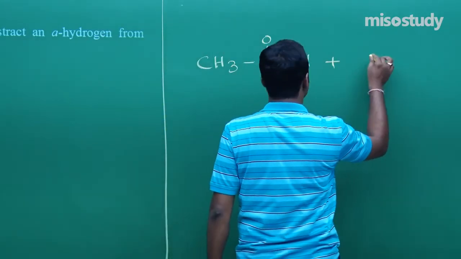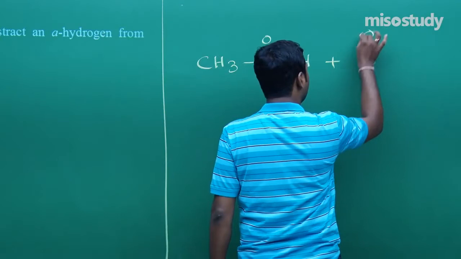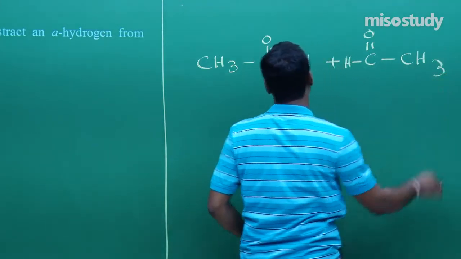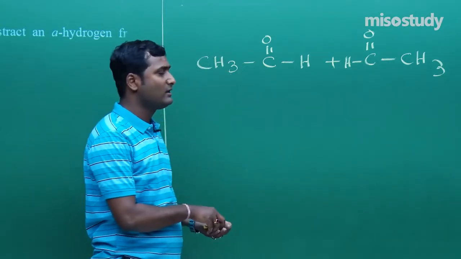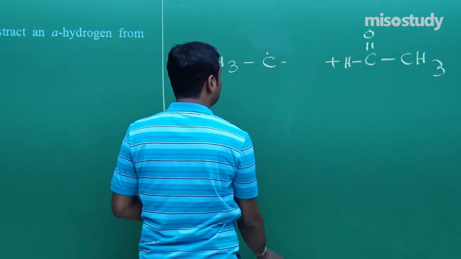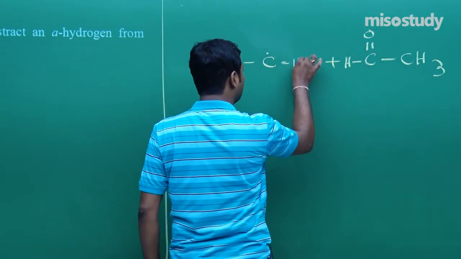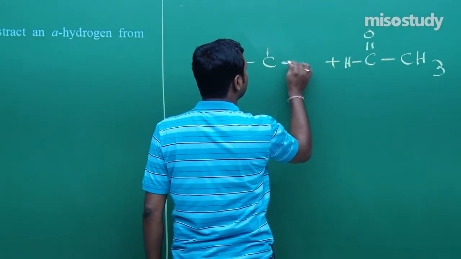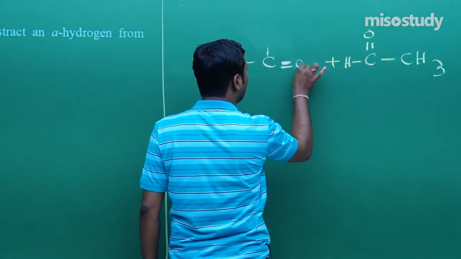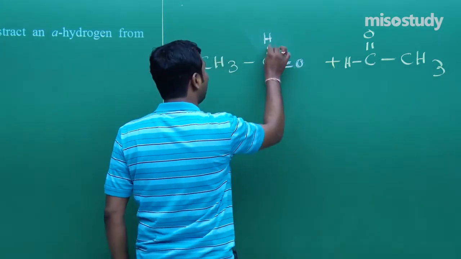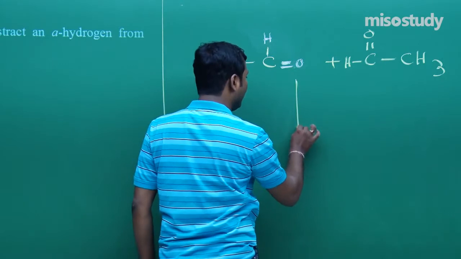Again we put here CHO and CH3. Clear to you? This can be written like this, or you may also write like this: H, and this one is double bond O, and this one is H. These are 2 moles of aldehyde.